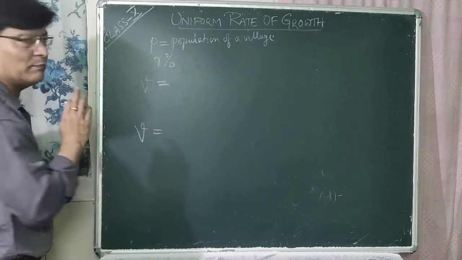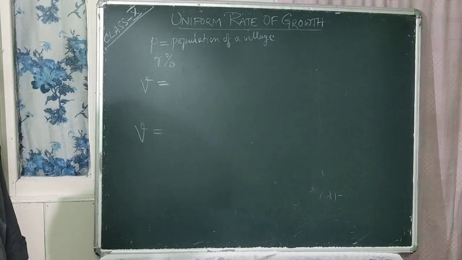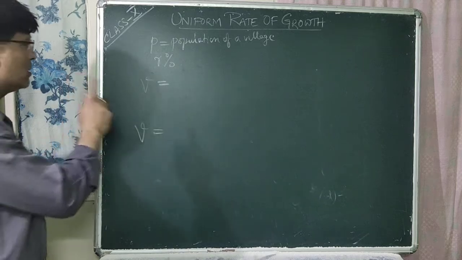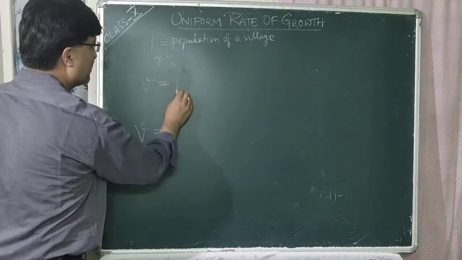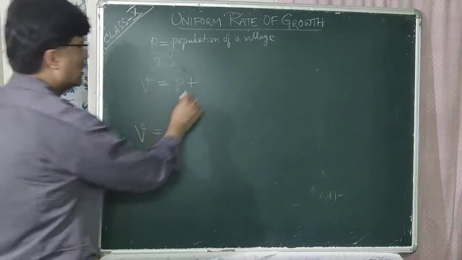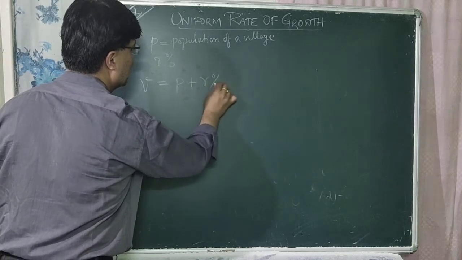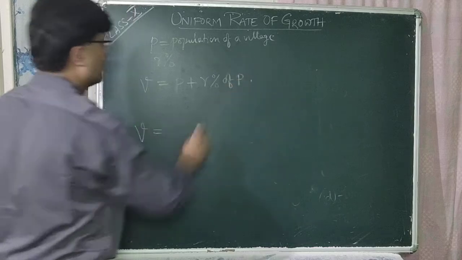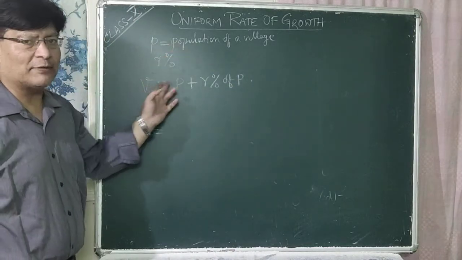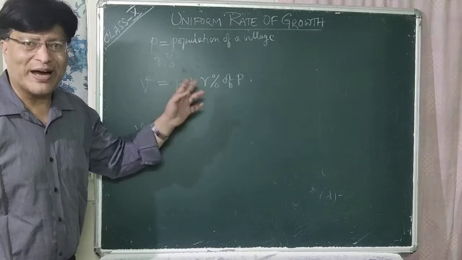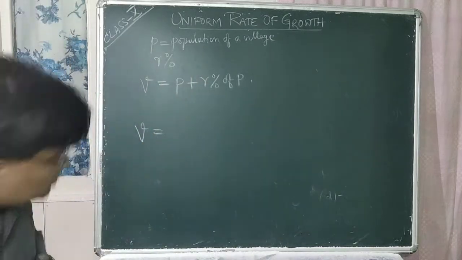After only 1 year, V is equal to the population at the beginning of the year, P, plus R% of P. That is the value of the population after 1 year.